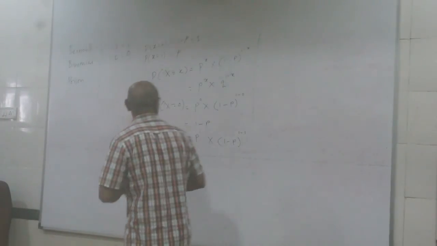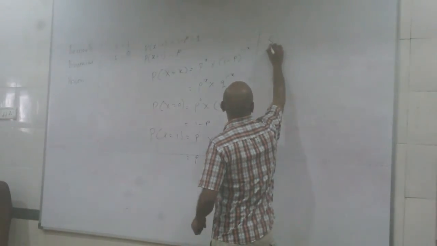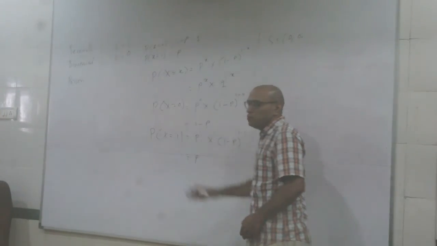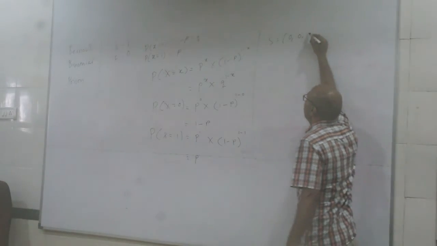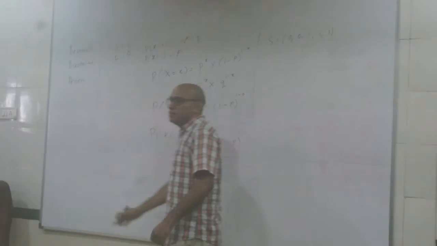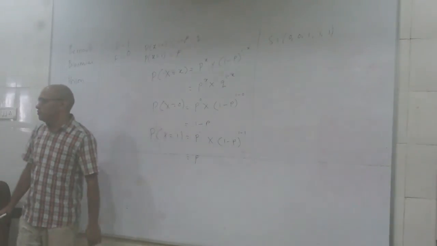So since it's either success or failure, I am now interested in this sample space 0, 0. For the 2 days you fail, it's fine, you don't manage to catch the train, and you successfully catch the train on the other 3 days, because you must be there in the university the next 3 days.